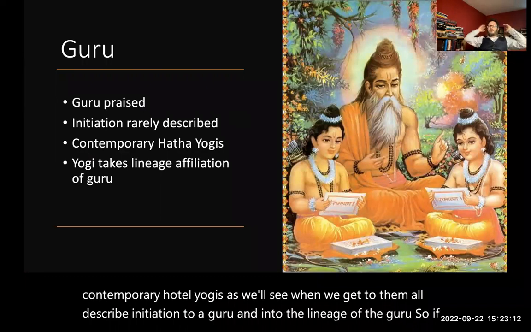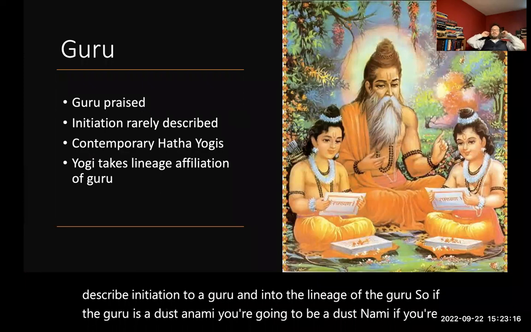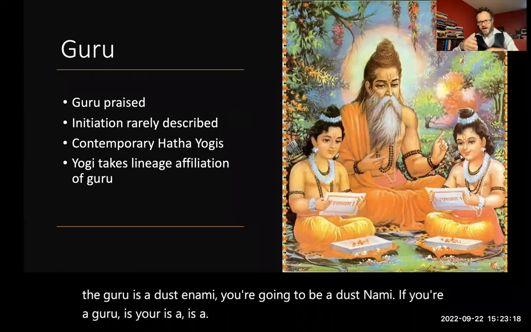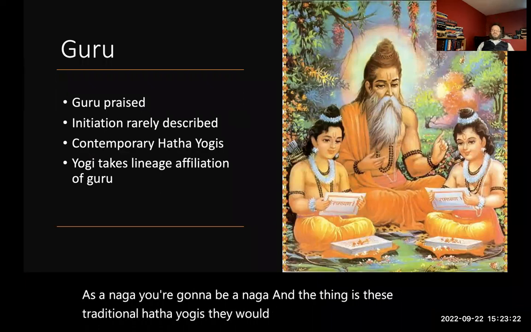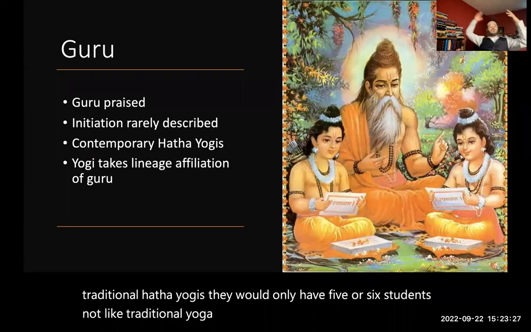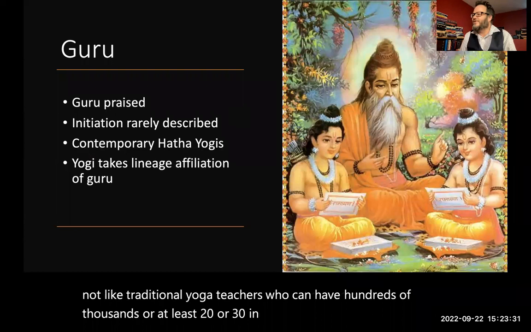So if the guru is a Dasnami, you're going to be a Dasnami. If your guru is a Naga, you're going to be a Naga. And these traditional Hatha yogis would only have five or six students, not like modern yoga teachers who can have twenty or thirty in any standard yoga studio.